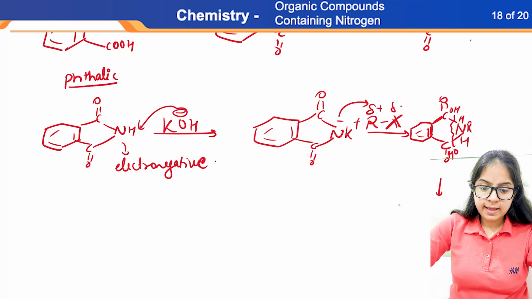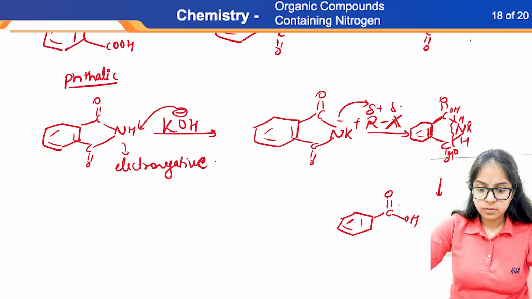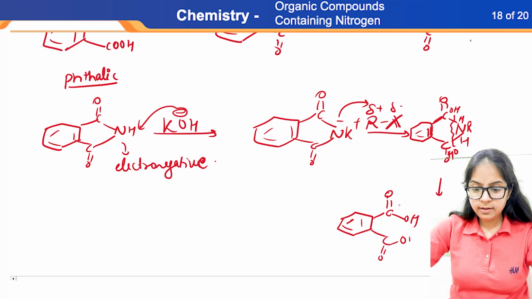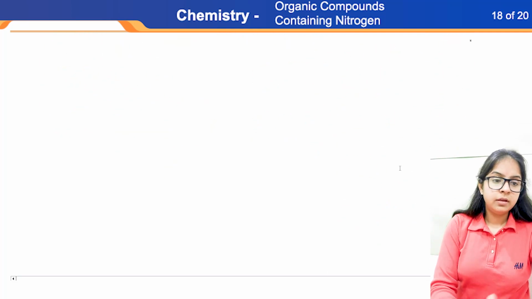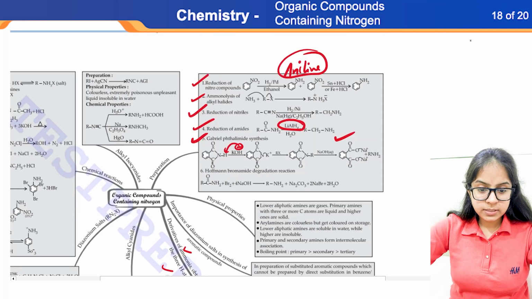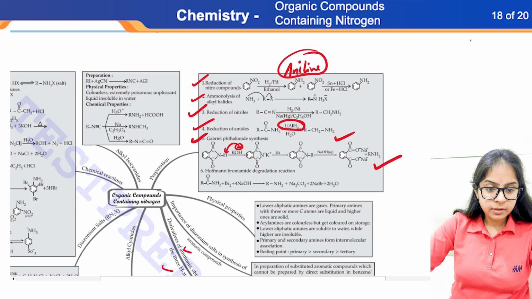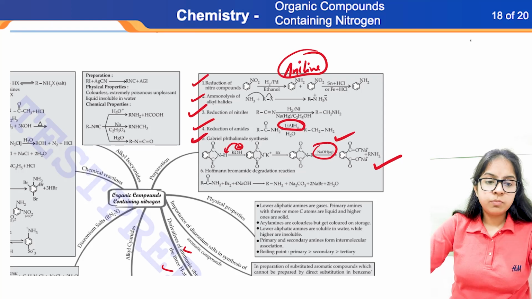You will get phthalic acid again from the phthalimide, and RNH2. This is our prepared amine. Okay, prepared amines, sorry. Here we use aqueous NaOH, the basic hydrolysis.